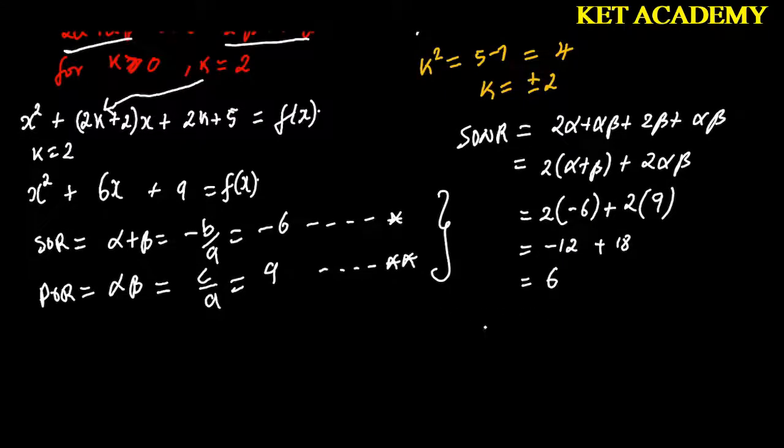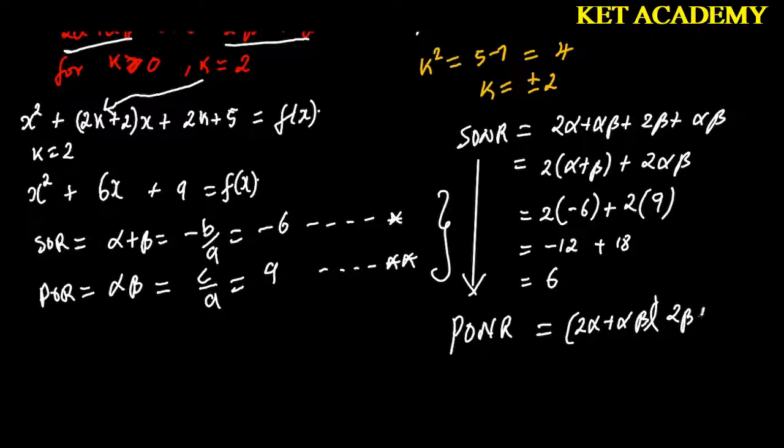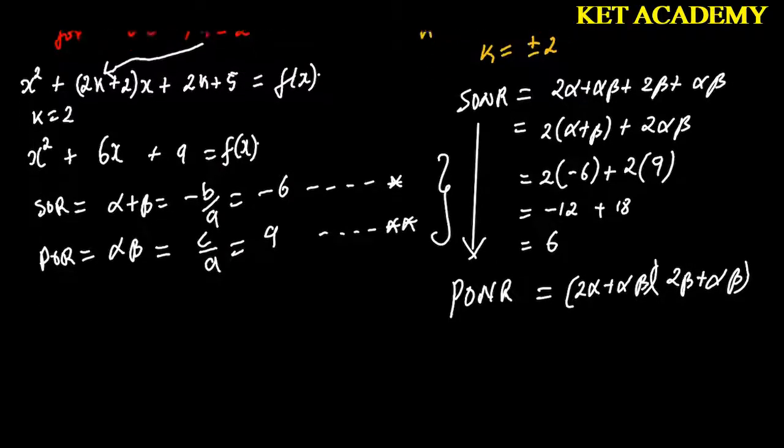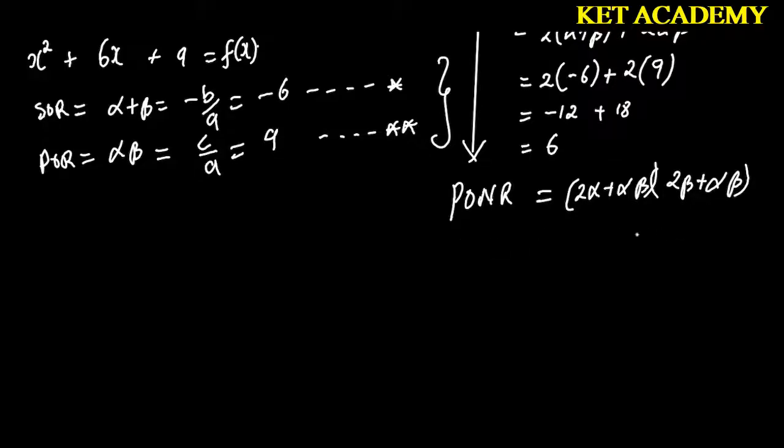Now, our product of new roots will be equal to 2 alpha plus alpha beta times 2 beta plus alpha beta. Doing the normal expansion, we have 4 alpha beta plus 2 alpha squared beta plus 2 alpha beta squared plus alpha beta, all that squared.